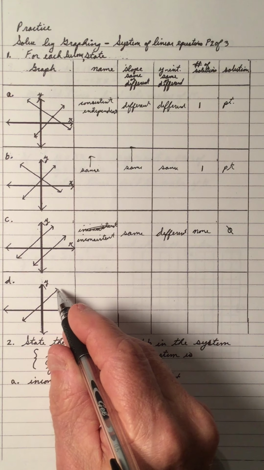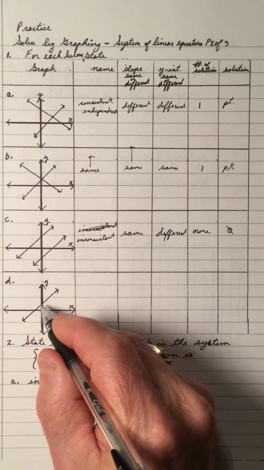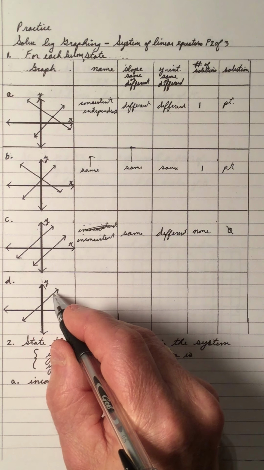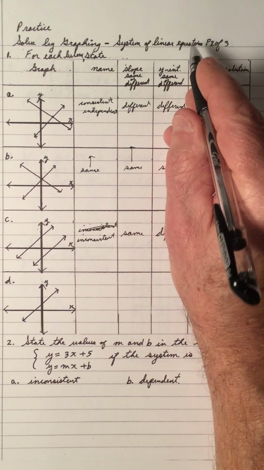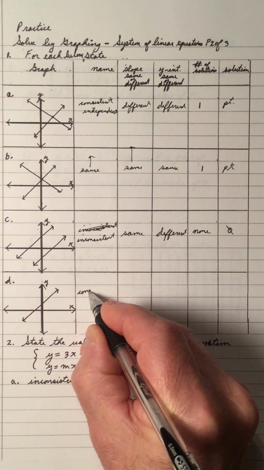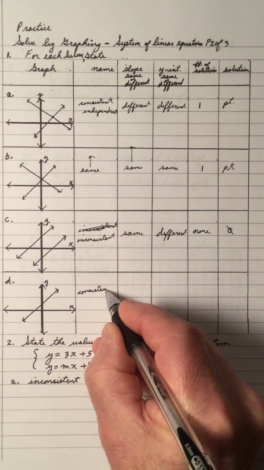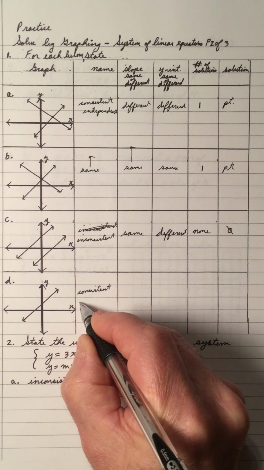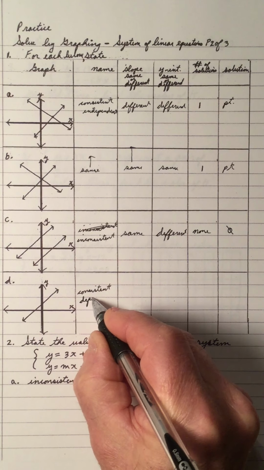D, notice that we can only have one line here, but if this is a system of linear equations, that means this system is consistent dependent.